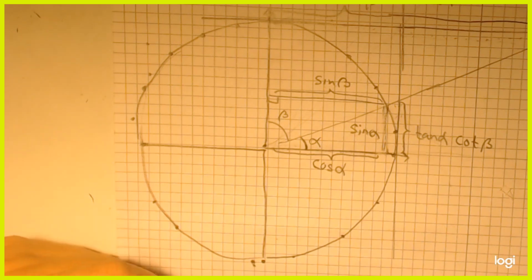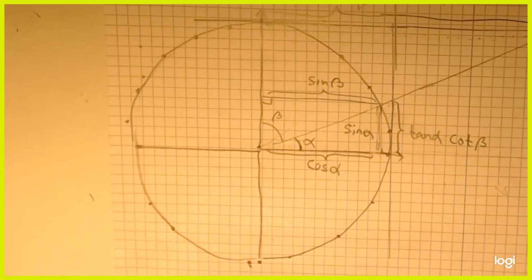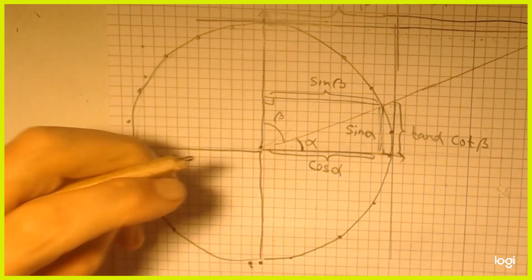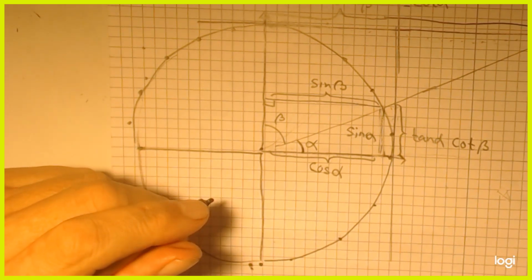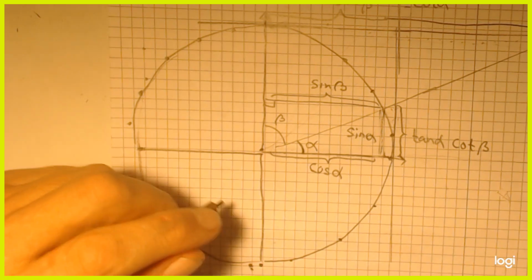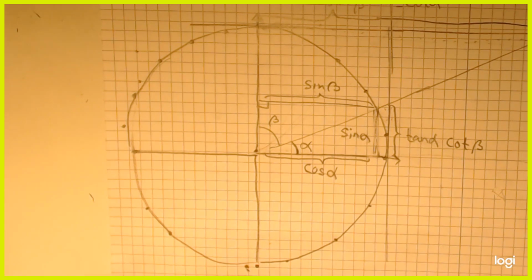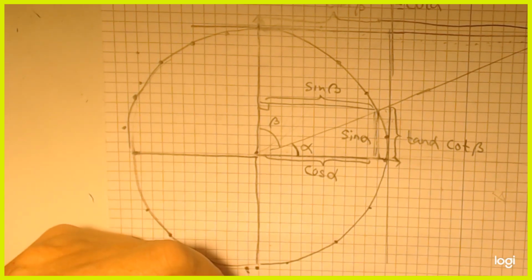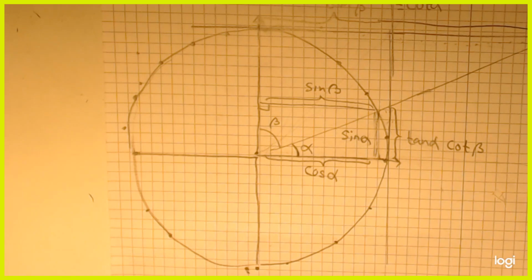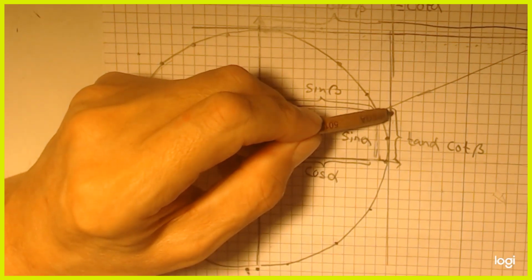So you get 0.9, and that equals alpha to 25.3. And then you have tangent alpha. And tangent alpha is this side.